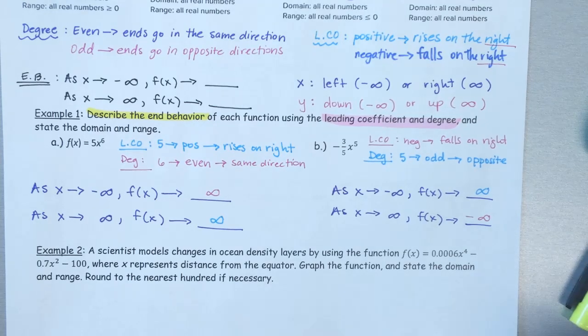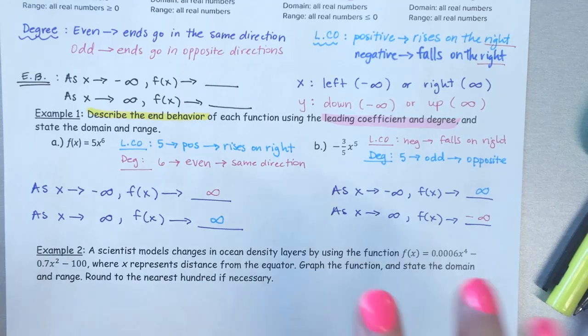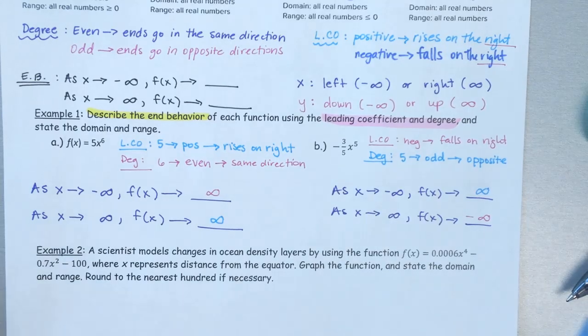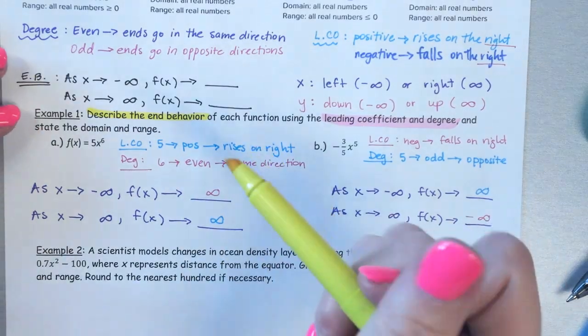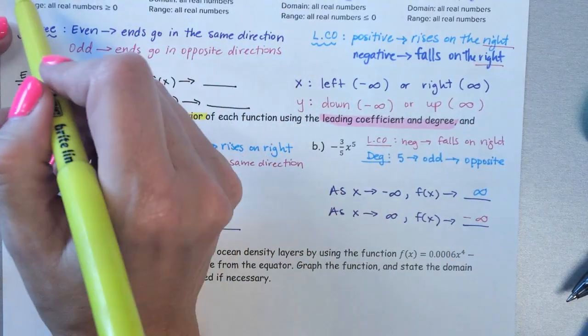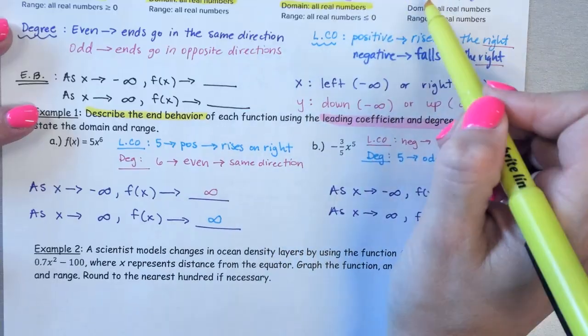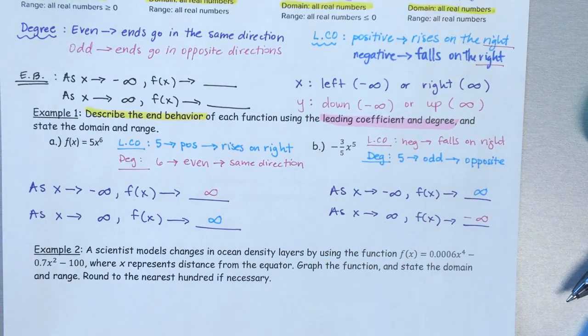All right, now some of you did a really nice job noticing what is happening with your domain. For all of these, what was your domain? Cal, did you write down your domain for all of them? What'd you get for that? All real numbers. Okay, so your domain is all real numbers.